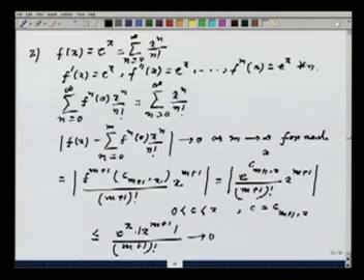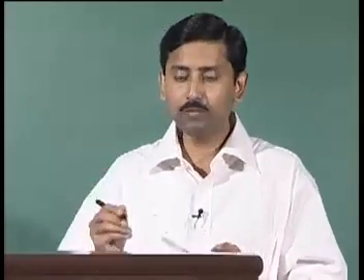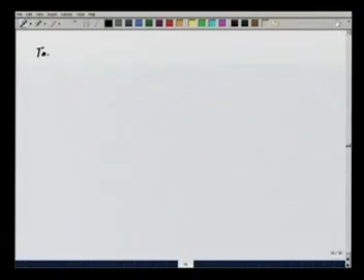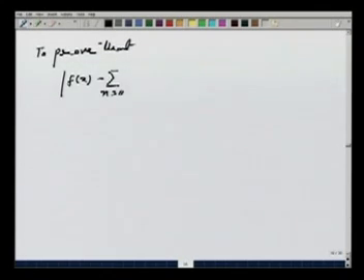So in general, if you want to show the Taylor series of a function at a point x converges to the function, all you have to do is to prove that the modulus of f(x) minus summation n from 0 to m, f^(n)(0) times x to the power n by factorial n, limit m going to infinity is equal to 0.